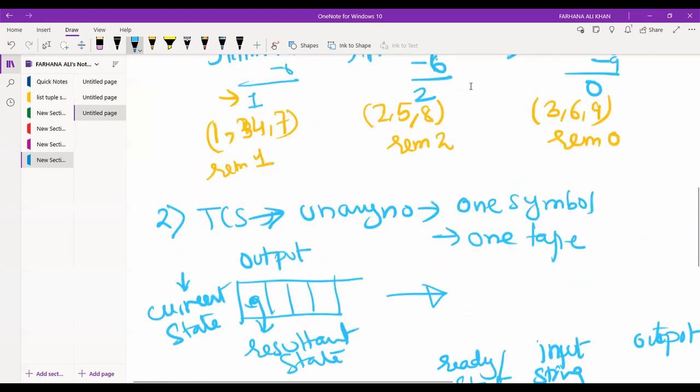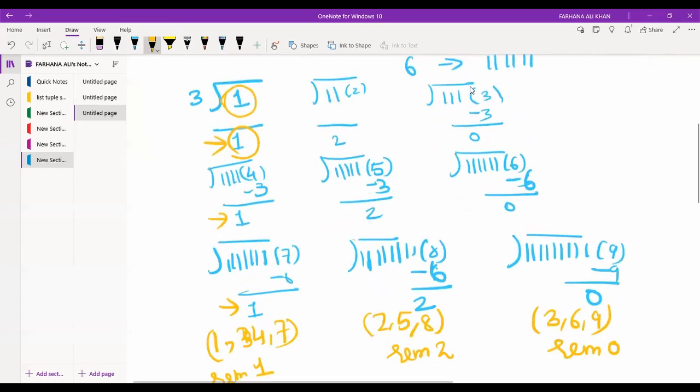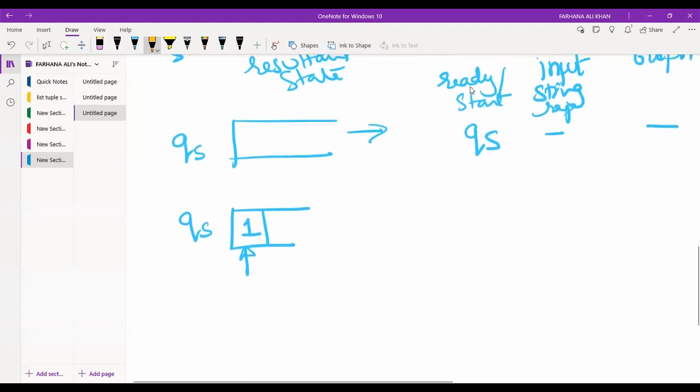So what was the output after dividing number 1? After dividing number 1 by 3, what we got is remainder 1. So we are going to write remainder 1. This is your remainder 1 situation. So this situation, we can give one good name in TCS, for example, Q1.